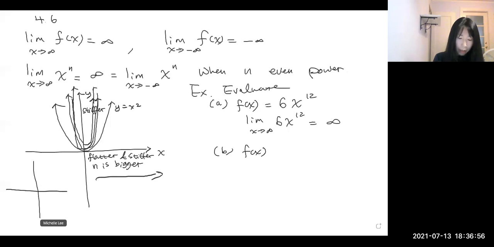Okay, odd, think about x cubed, okay? Or a straight line is also odd because it's x to the 1st power. Then when the number is getting bigger, it's steeper and flatter at the origin, right? Same as the even power, so steeper, flatter like that.